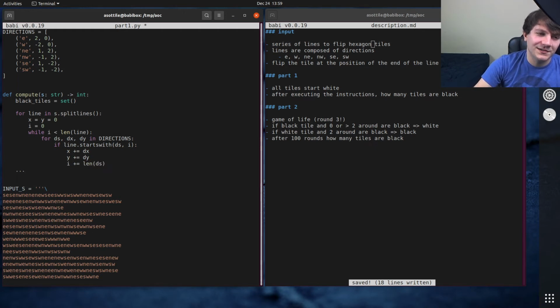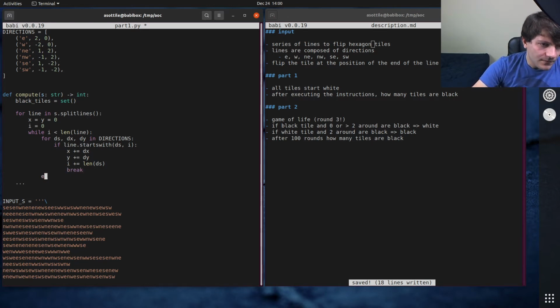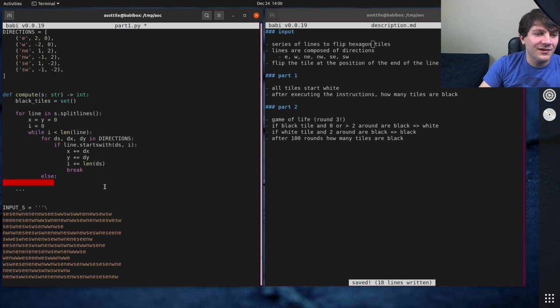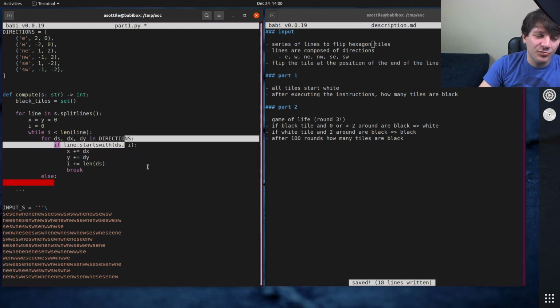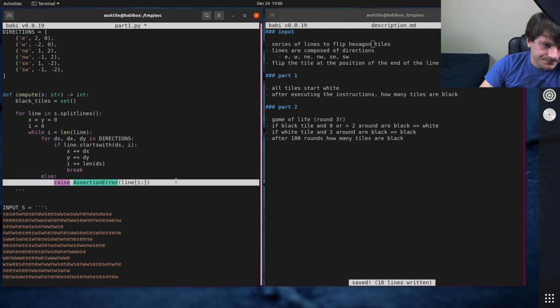I like this a lot better. This is way nicer than what I had. And then we can break out of this loop. And just for sanity's sake, if we never match any of the directions here, there's probably a problem. So I'm going to raise an assertion error with line i, so that we know whether there's a problem here.